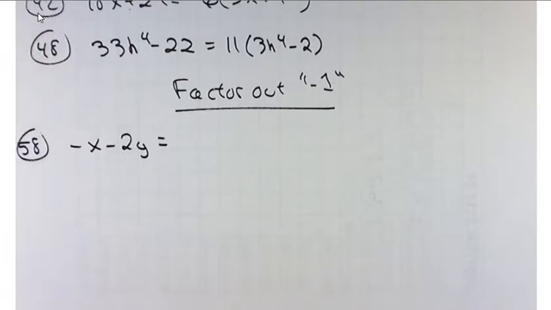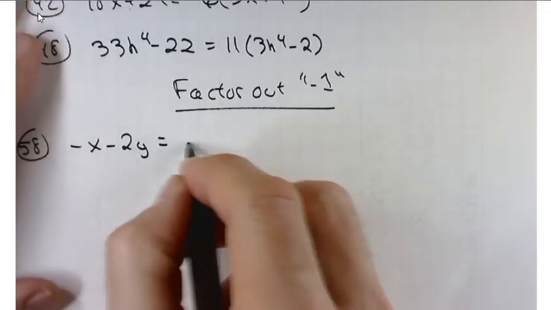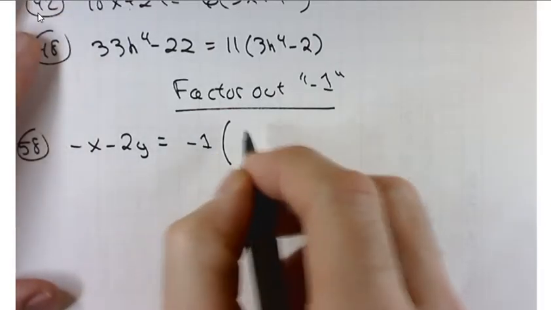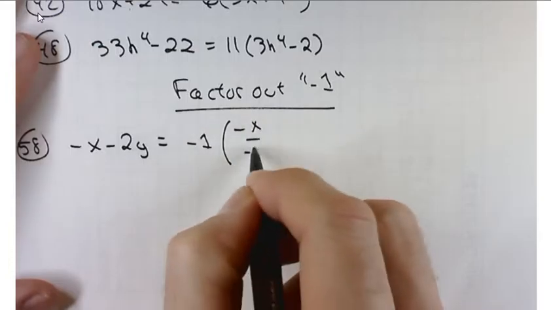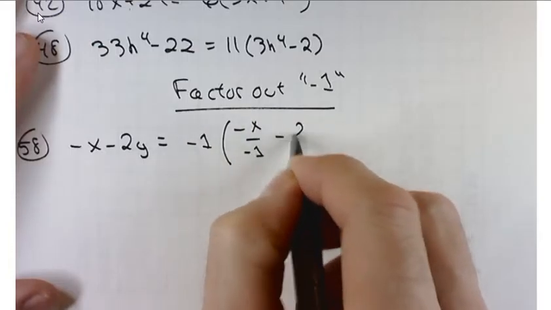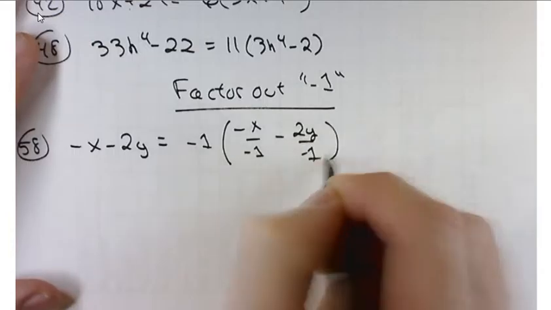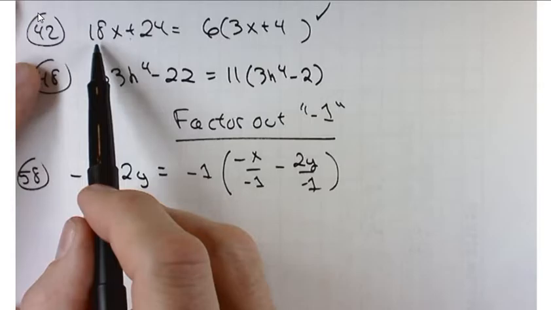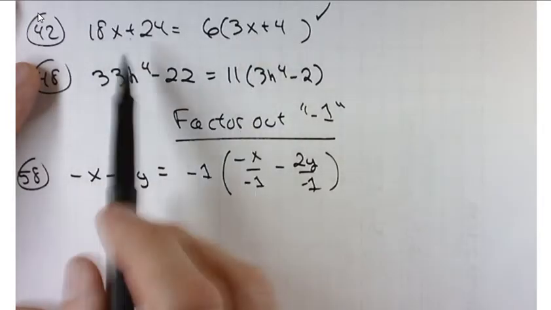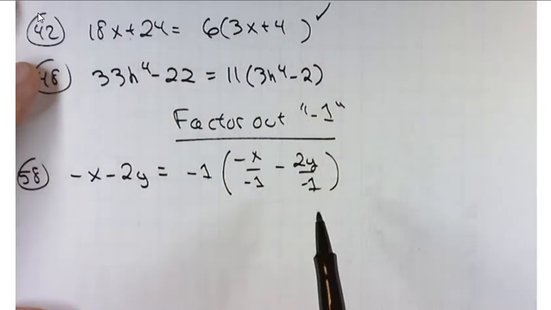So problem 58 gives you -x minus 2y, and they ask you to factor out a -1. So I'm going to put a -1 here. Now the step that I haven't been showing you is that when I factor something out, I'm really dividing every term by that factor. Just like here, 18 divided by 6 gives me 3. 24 divided by 6 gives me 4.